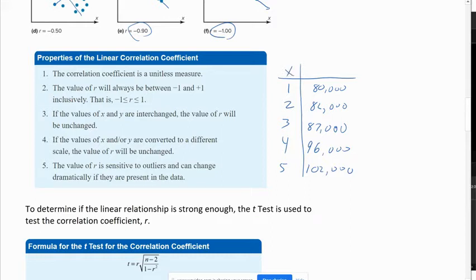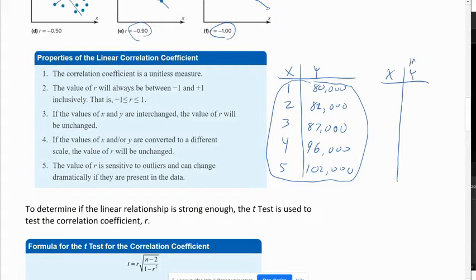If you put in these as your x values and these as your y values, you would get the same correlation coefficient as if you did y in thousands.